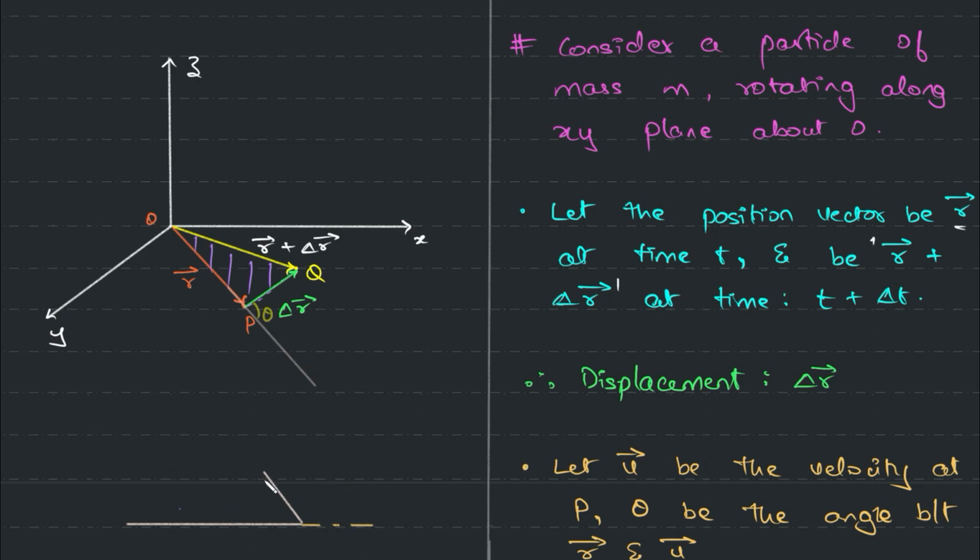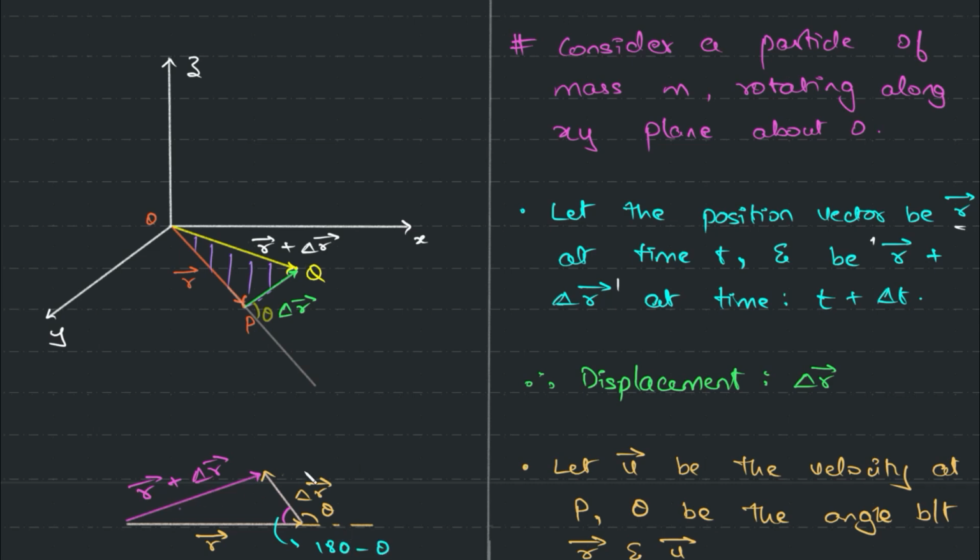Okay, so this is r and this is our delta r. Delta r and v will be in the same direction. So this is basically theta. Okay. And if I join this, it is nothing but, as per our vector addition, r plus delta r. This angle will be 180 degrees minus theta.